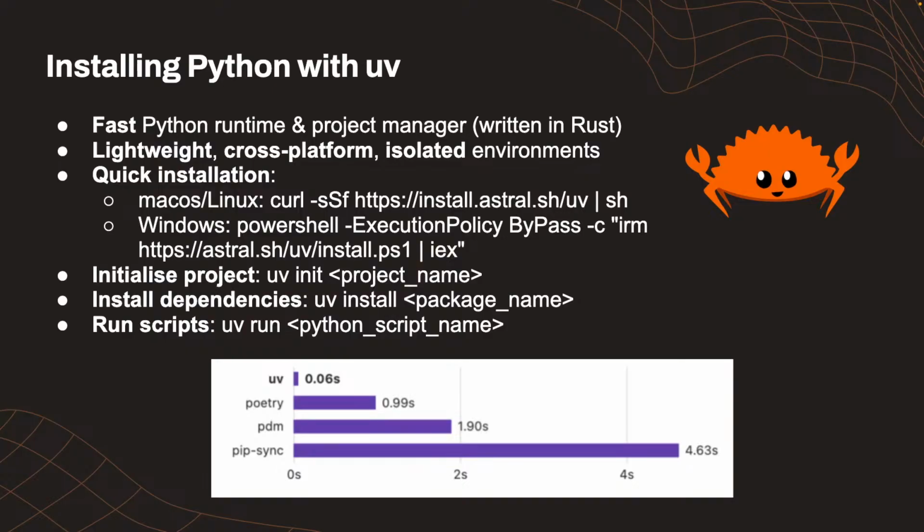If you want to install dependencies, instead of pip install, you do UV install. And then you can run scripts using UV run and then the script name. That just makes sure it runs the script inside the virtual environment rather than the global Python instance you have installed.